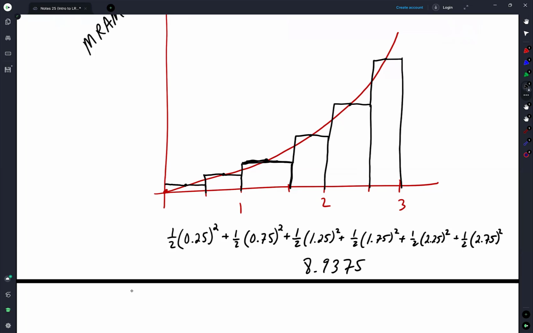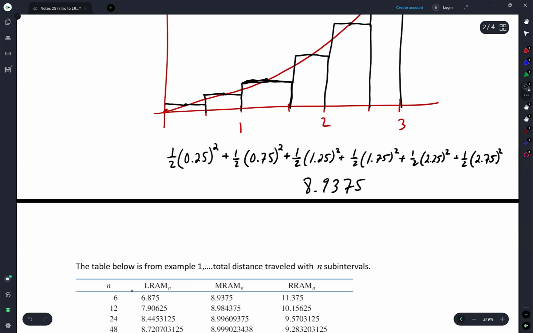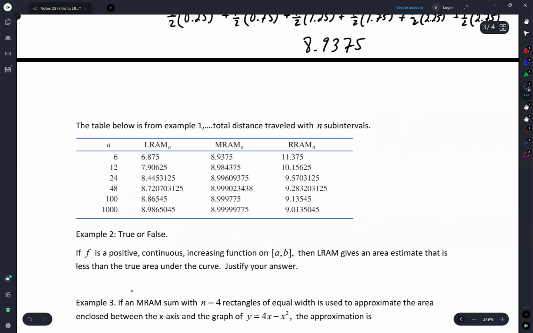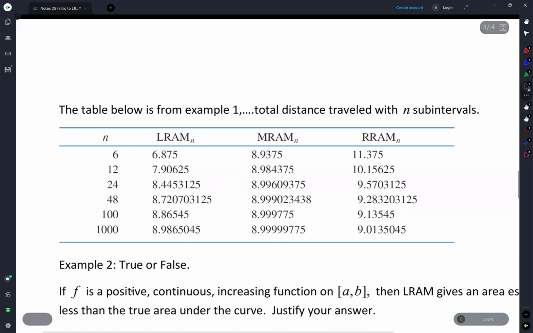Put this idea in your head. If I put an infinite amount of rectangles, LRAM, MRAM, and RRAM, an infinite amount, will all three of them, if I find the area, converge to the same number? Yeah. Now check it out. I put it right here. I'm gonna zoom in. Can you guys see that? Is it zoomed in enough?